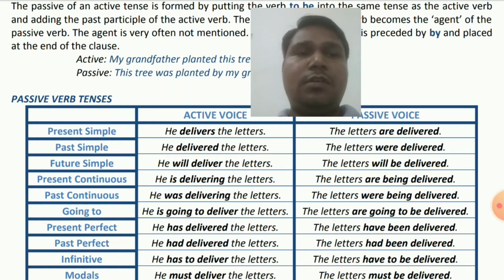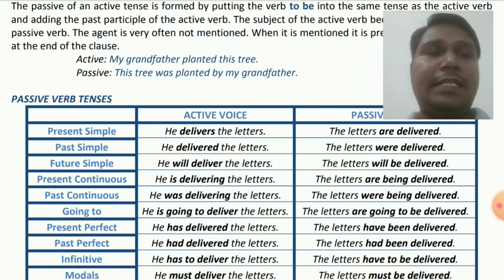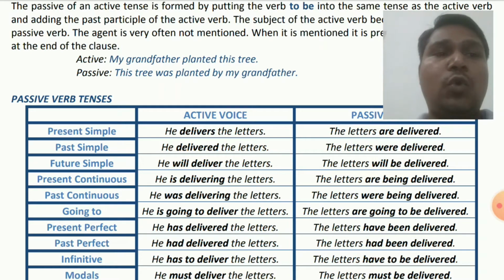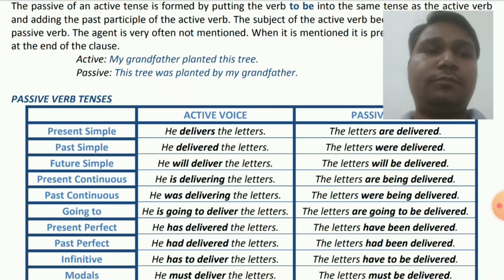The passive voice of the same sentence is: The letters were being delivered by him. Now going to sentences, here there are two verbs. Going is also a verb and deliver is also a verb. So the sentence of the active voice is: He is going to deliver the letters, and the passive of the sentence is: The letters are going to be delivered.